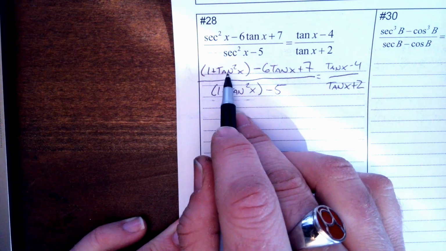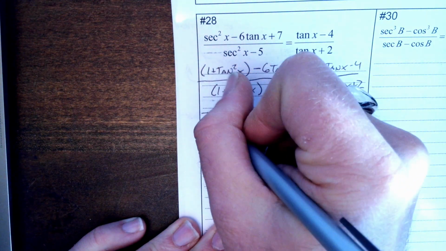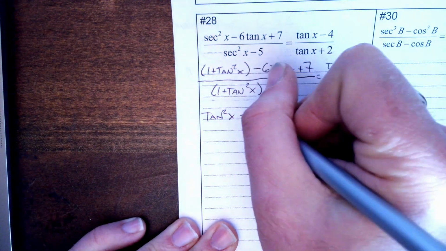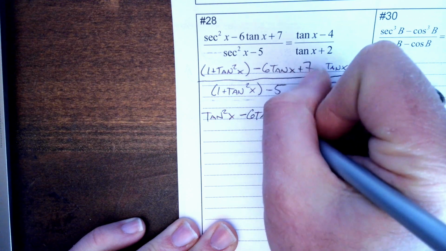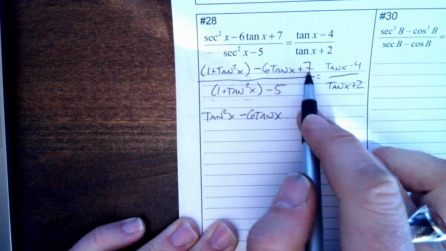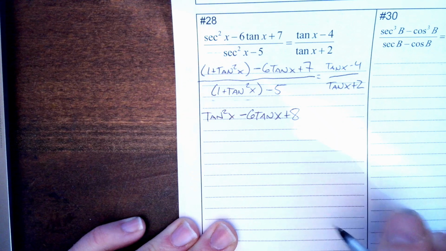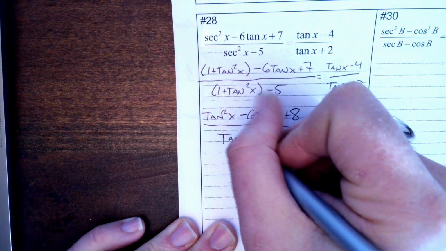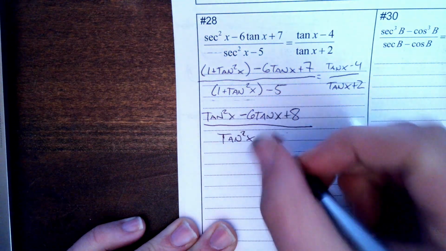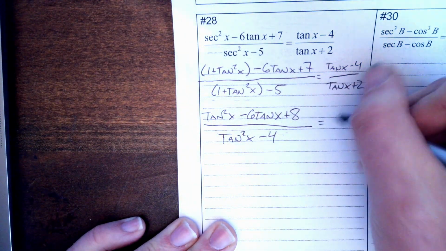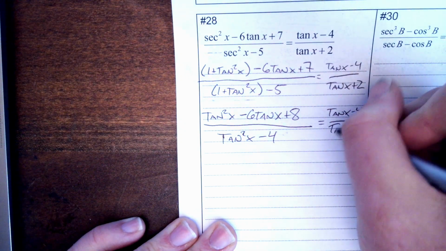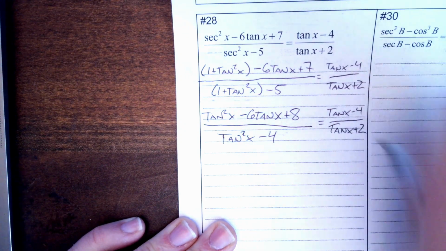Looks like we're going to have the tangent squared of x, and then minus 6 times the tangent of x, and then 1 plus 7 is plus 8 over the tangent squared of x, and then 1 minus 5 is negative 4, and all that should equal the tangent of x minus 4 over the tangent of x plus 2.